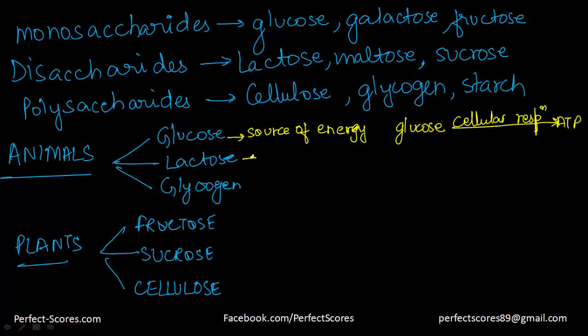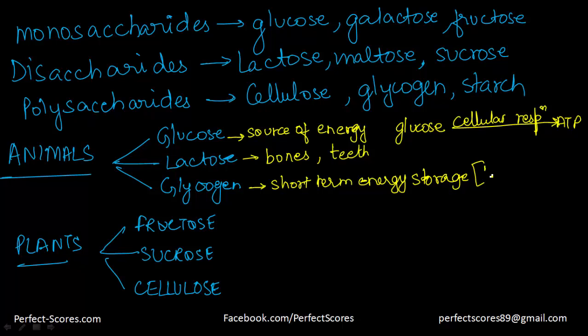Coming to lactose, lactose is a sugar that is found in the milk of mammals, and it helps in maintaining the health of bones and teeth. Coming to glycogen, that is used by animals for short-term energy storage. That is, it fulfills the needs of energy between meals. And the storage is done in the liver.